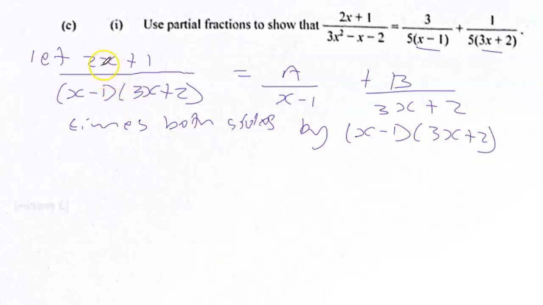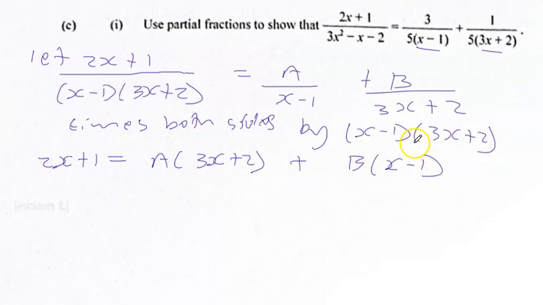If we times the left hand side by (x minus 1)(3x plus 2), the entire denominator cancels, leaving us with 2x plus 1. If we times A by the same thing, the x minus 1 will cancel, so we're left with A times (3x plus 2). And if we times B by the same thing, the 3x plus 2 will cancel, so we're left with B times (x minus 1).